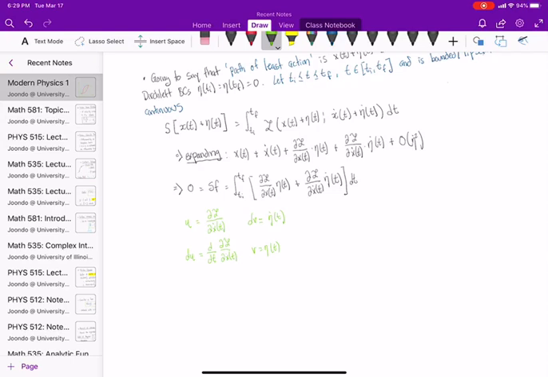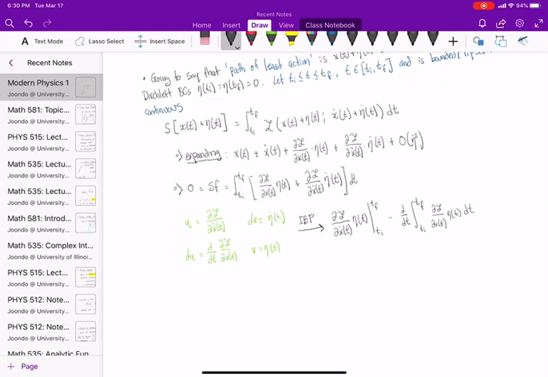Obviously using integration by parts, IBP, we get the partial derivative of the Lagrangian with respect to x prime of t times eta of t, evaluated from ti to tf, minus the derivative with respect to time t of the integral from ti to tf of the partial derivative of the Lagrangian with respect to x prime of t, times eta of t, dt.